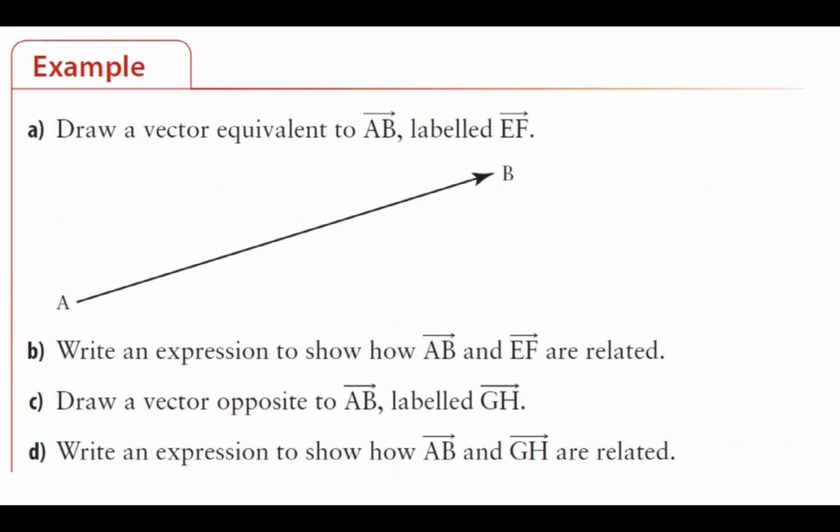Question B, write an expression to show how vector AB and EF are related. C, draw a vector opposite to vector AB labeled vector GH. Then write an expression to show how vector AB and GH are related. Okay, I'll give you 5 minutes to consider this example by yourself.